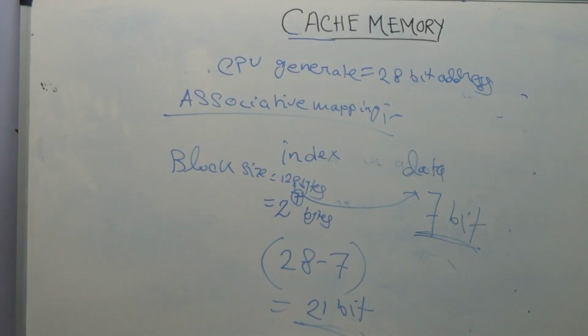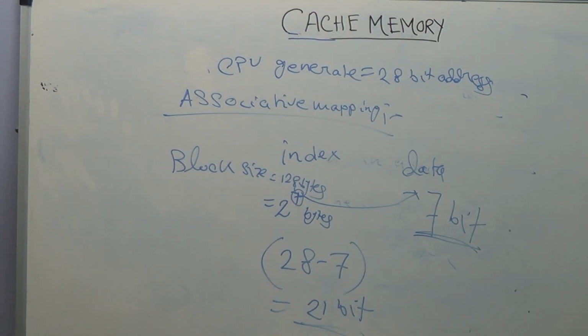So we have determined the subfields under the associative mapping technique. The data field is calculated from the block size. The given block size is equal to 128 bytes, and we convert the 128 bytes into 2 to the power 7 bytes. From here we get the value of the data field equal to 7 bits, and from the given problem we know that the total address is equal to 28 bits.